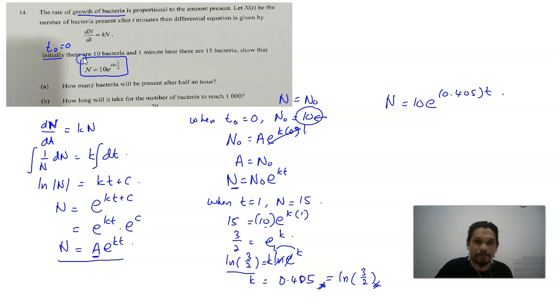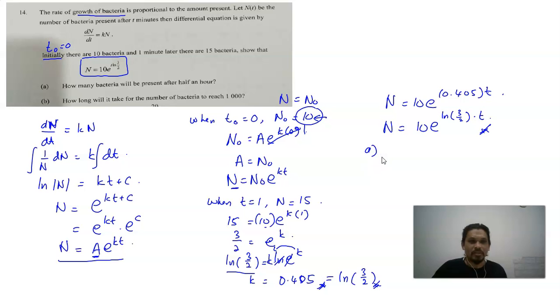So then N equals 10 e power of natural log of 3 over 2 multiplied by T. T ln 3 over 2 or ln 3 over 2 times T is just the same. There you go.